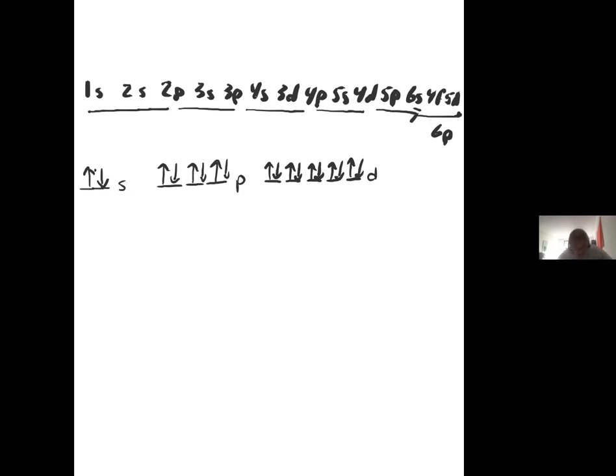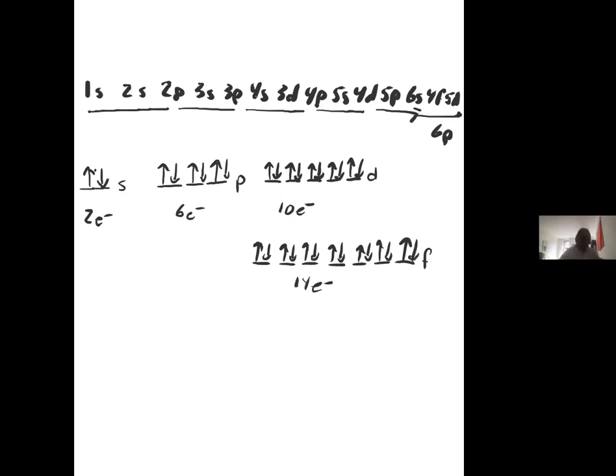So here you have 2 electrons, 6 electrons, 10 electrons. And then what about the f? Your f orbitals have 7, so that means you can get up to 14 electrons.